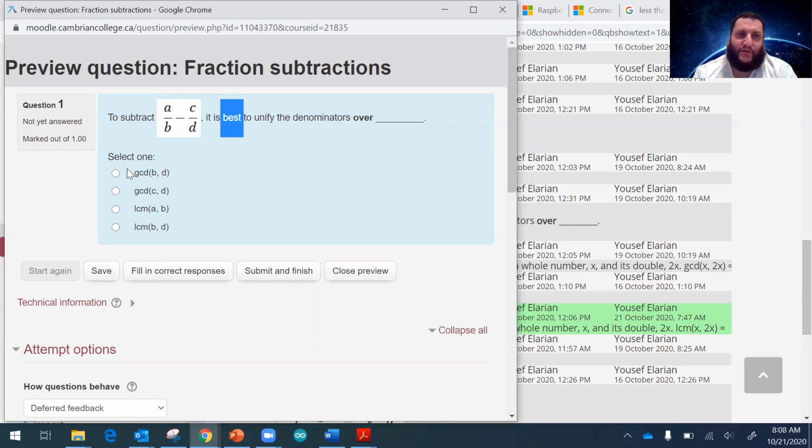Since it's a multiple choice question, we don't have BD, which is a multiple of B and D, or any other multiple of B and D, like 10 BDs, and we only have GCDs and LCMs. We would choose from the LCMs because these are multiples, and specifically the one of B and D, not the one of A and B. So this is the answer. We use GCDs to simplify a fraction. We use LCMs to add or subtract fractions.